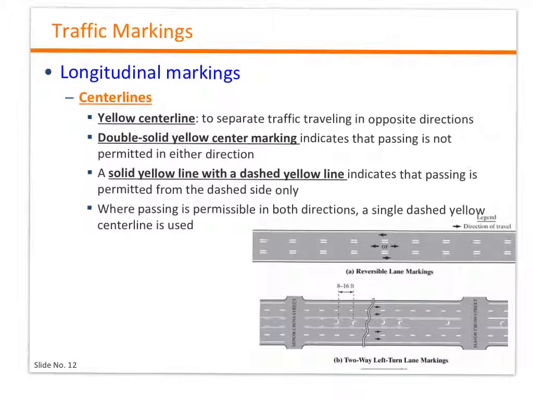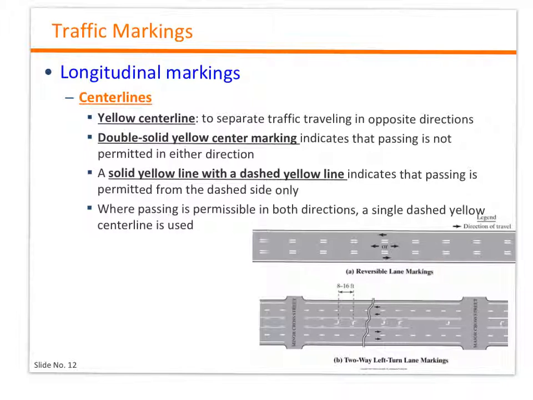And here in this picture you could see, the first one is the case of reversible lane markings. So here we're having three lanes, as you could see. One lane is going in this direction, one going in the opposite direction, while the middle lane can be either. And the second picture here shows a two-way left turn lane marking.